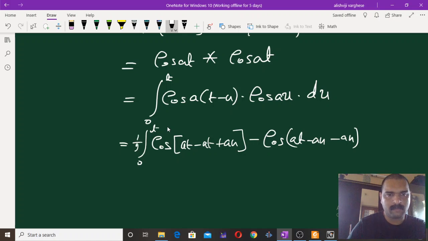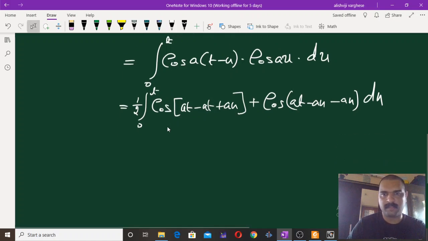That 2 is taken outside here. cos of at plus au minus au, du, where u is the variable of integration here.